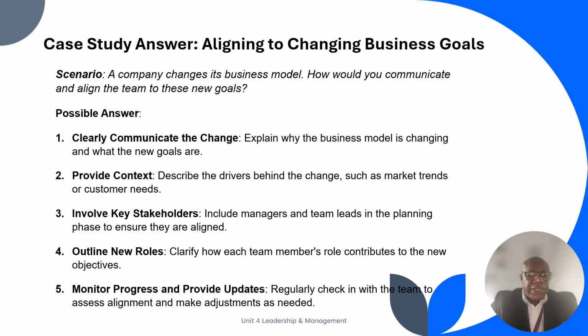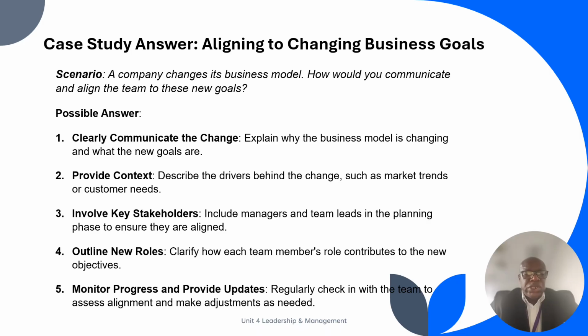Then you involve the key stakeholders, including managers and team leads, in the planning phase to ensure they are aligned properly. Then you outline the new roles side by side with the old roles, for example, in a table.